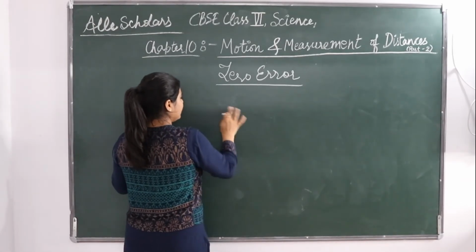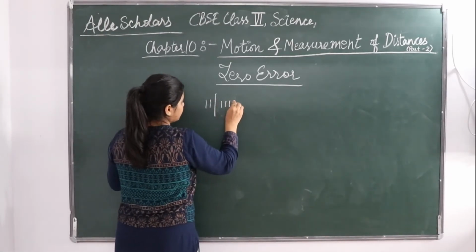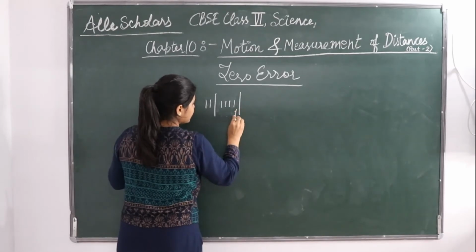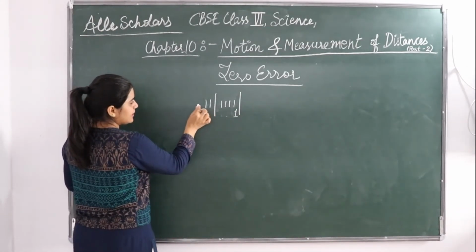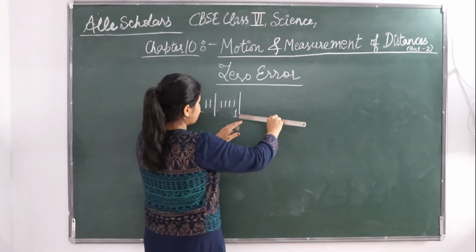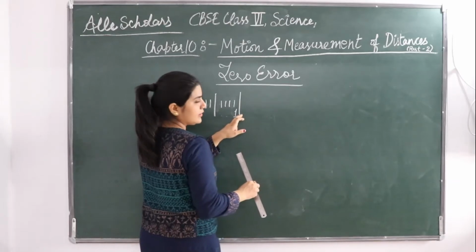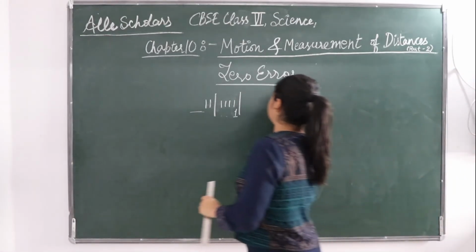Here is 1. So this scale, if you see, 0 is missing already. So what you have to do, you have to start measuring from this point, to avoid 0 error. From 1 you start measuring.